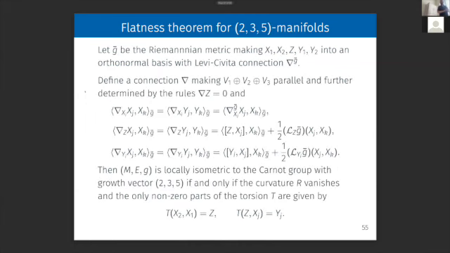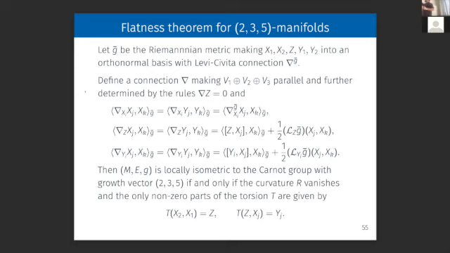And then finally, you can extend your connection here to a connection where you take all of these to become a new orthonormal basis.